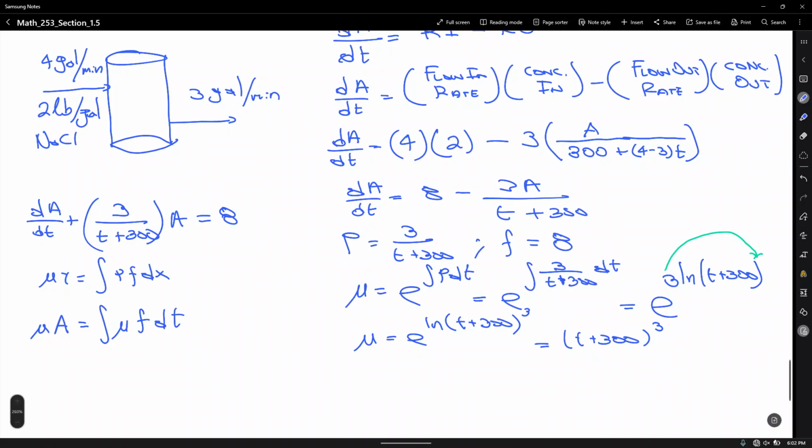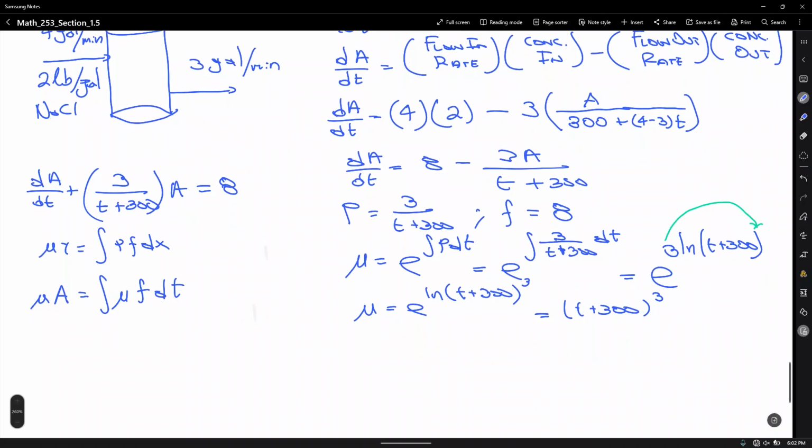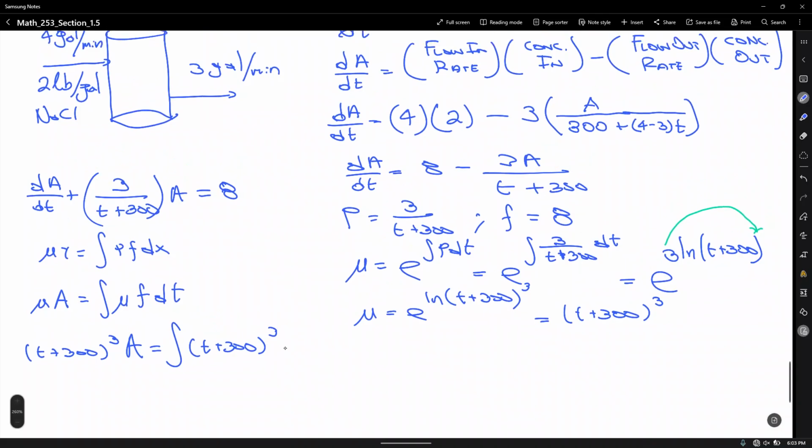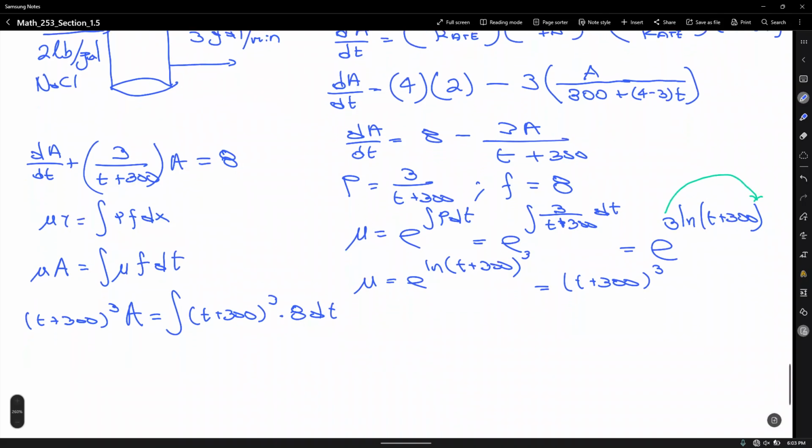Formula A. Substitute. So mu, which is (t plus 300) cubed, A equals the integral of (t plus 300) cubed, but what's f? 8, right? dt, not dx, dt.